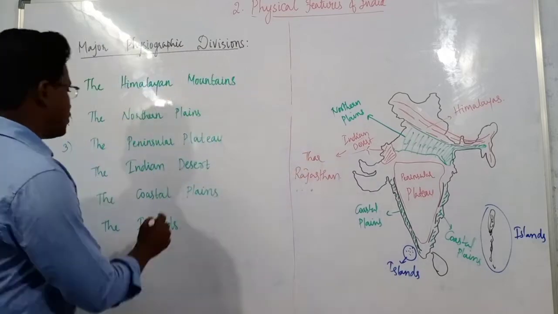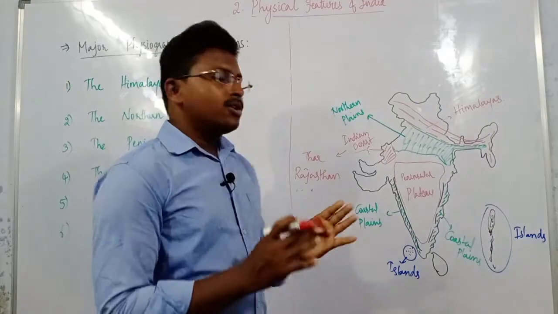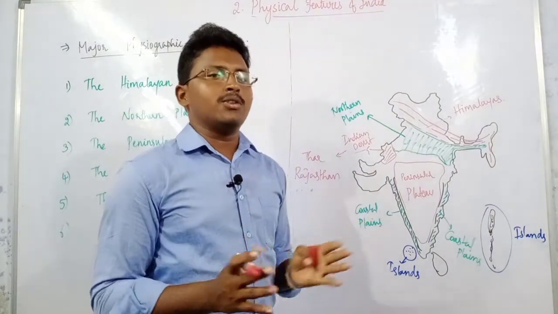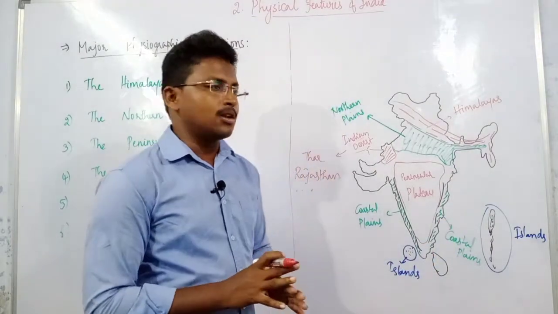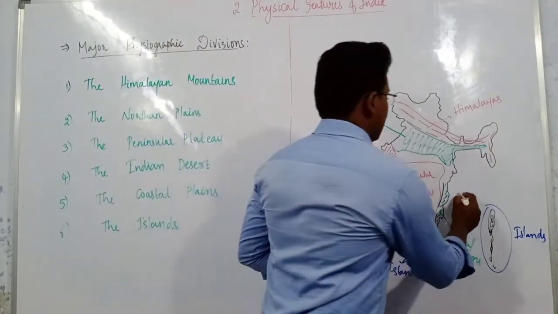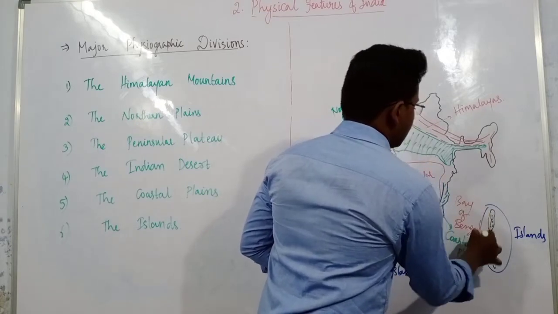Then the other one is the coastal plains. There are two varieties of coastal plains. On the eastern side we have the eastern coastal plains, which lie between the Bay of Bengal and the Eastern Ghats.